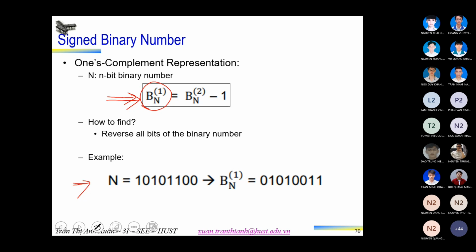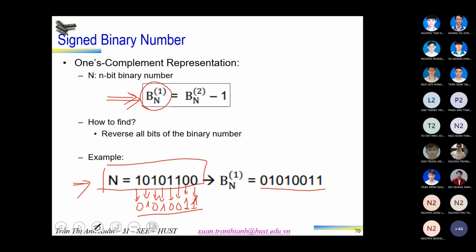That means this bit is 0 and we convert it to 1: 0 to 1, 1 to 0, 1 to 0, 0 to 1, 1 to 0, 0 to 1, and 1 to 0. So this is the one's complement number of this binary number.